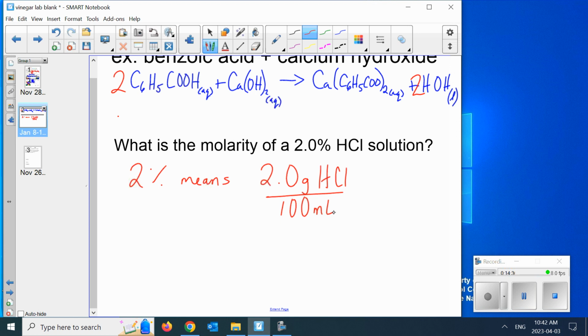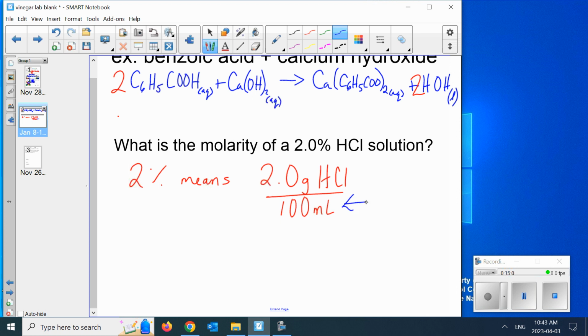So 100 mils of water is actually 100 grams. It's actually a weight percent. I kind of said it backwards. Anyway, it is 2 grams of HCl to 100 grams of water. But 100 grams of water is 100 mils, and that's what we actually get. So that's what that means.